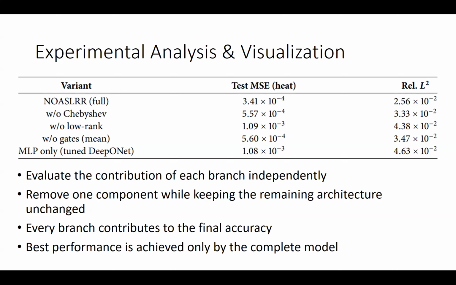In other cases, we tested in Burgers or Laplace equation, and in those cases, low rank was sometimes more important than Chebyshev. Sometimes it's not like here. Sometimes the gates are more often important to reduce the error.